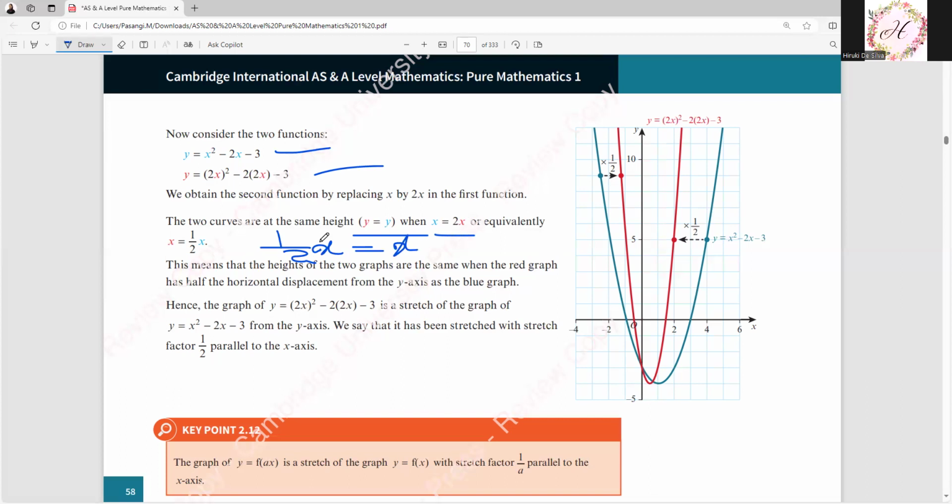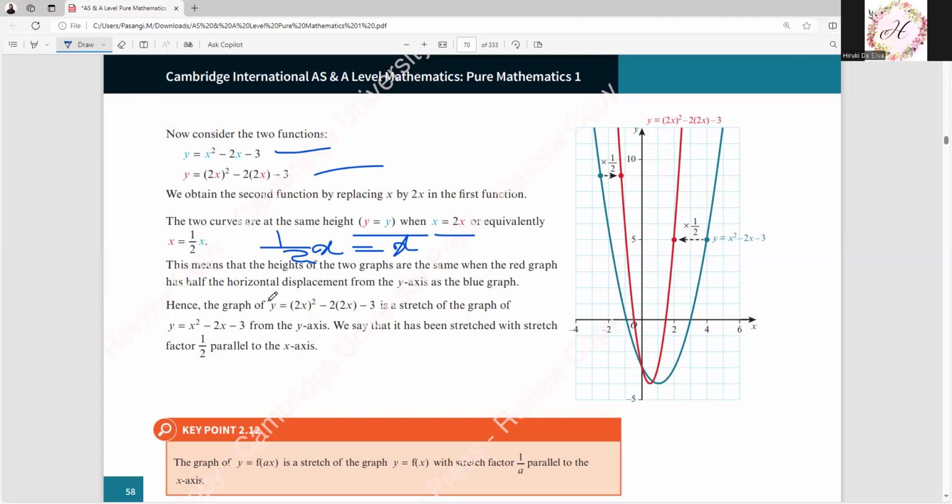That's the relationship or the mapping we have here. So this means that the heights of the two graphs are the same when the red graph has half the horizontal displacement from the y-axis as the blue graph.